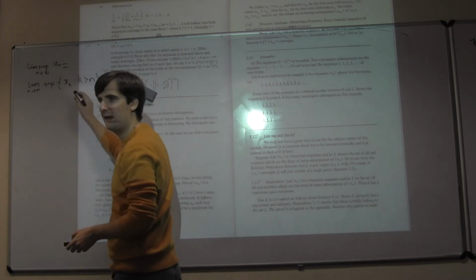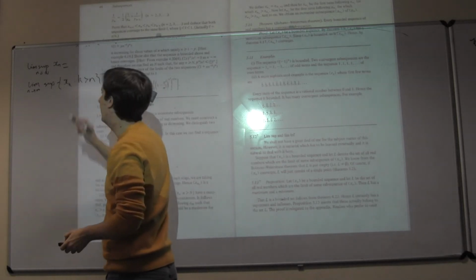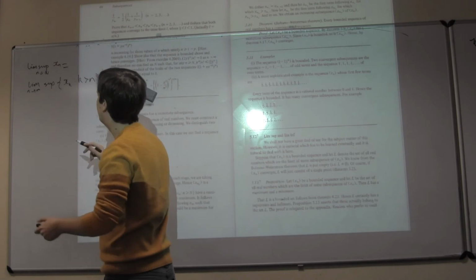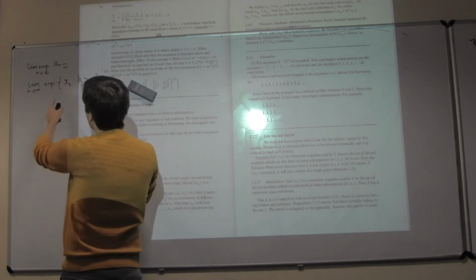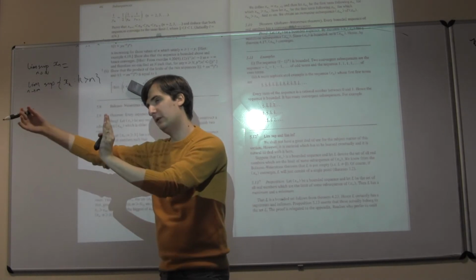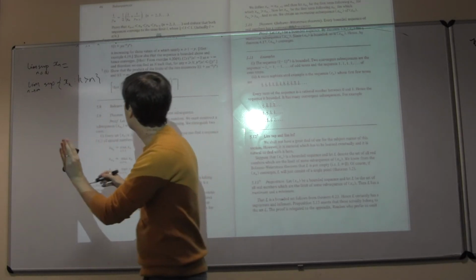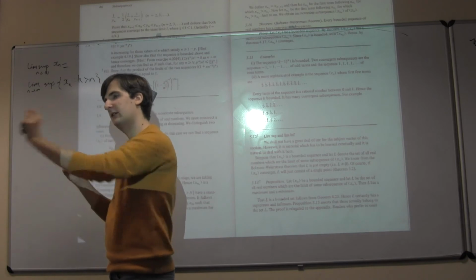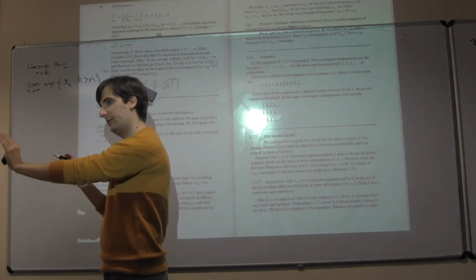So these are like the sets we were looking at before. We take the supremum of all points beyond a certain point, and then we take the limit of that as the cutoff goes to infinity.